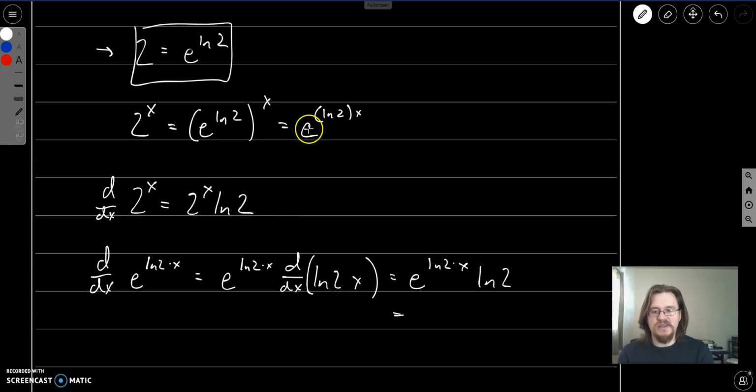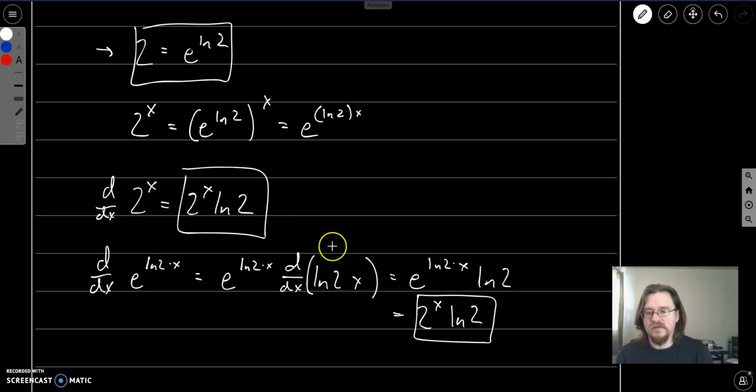So e to the natural log of 2 times x is just 2 to the x. So out of these two formulas, which one is easier to remember? Is it easier to turn 2 to the x into e to the something and then take the derivative? Or is it just easier to leave 2 to the x as 2 to the x and take the derivative?